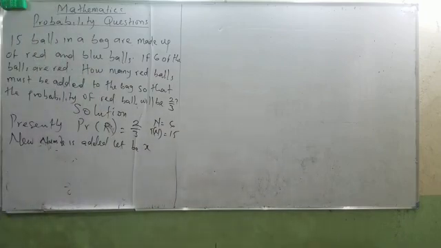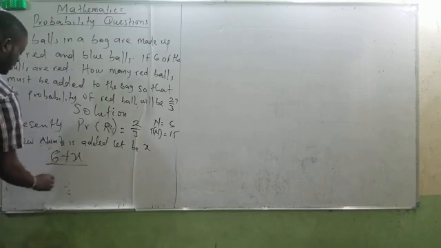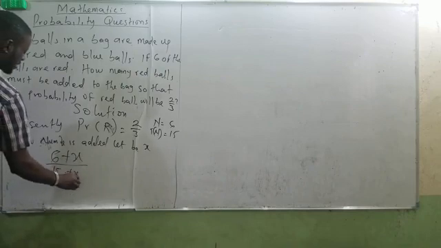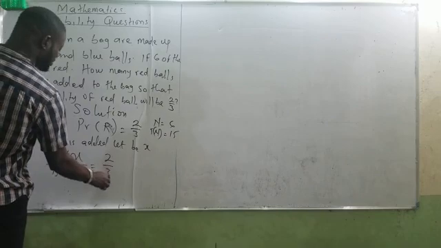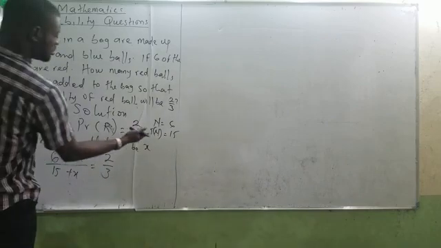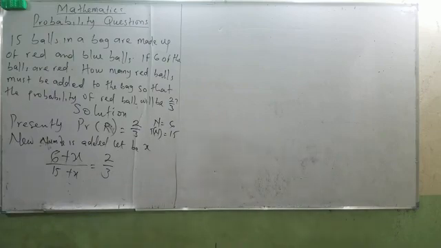Now, since I have that, I can now say that 6 plus x divided by 15 plus x will be equal to 2 all over 3. Now, I think I'm not making any mistake. That is how it should be.